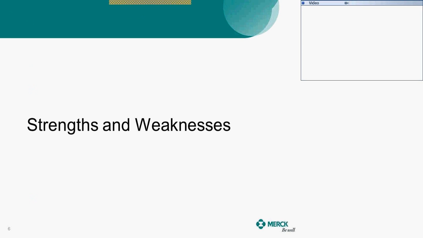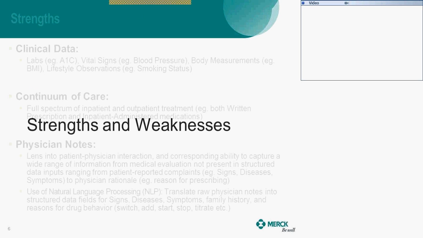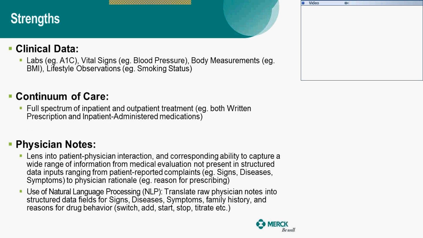Regarding the strengths and weaknesses of the EMRs, the biggest strength is the richness of the clinical data. They capture all the labs, vital signs, body measurements, and lifestyle observations, for example smoking, which if we compare with claims is not the case, as claims are not this rich as far as clinical data is concerned.